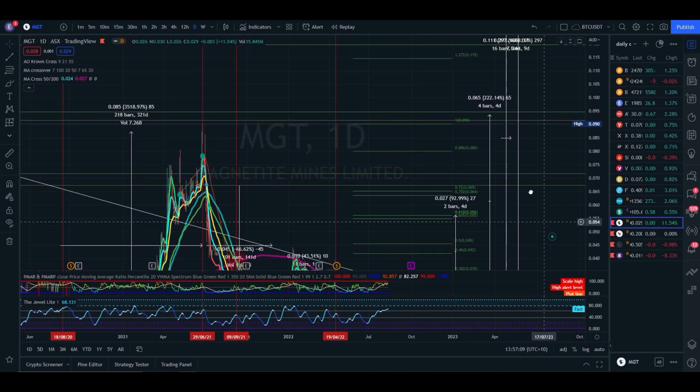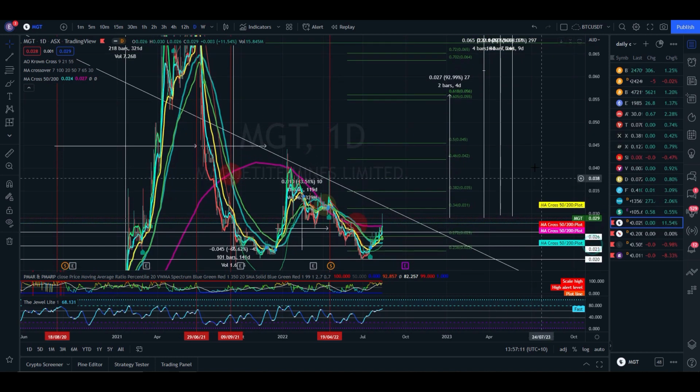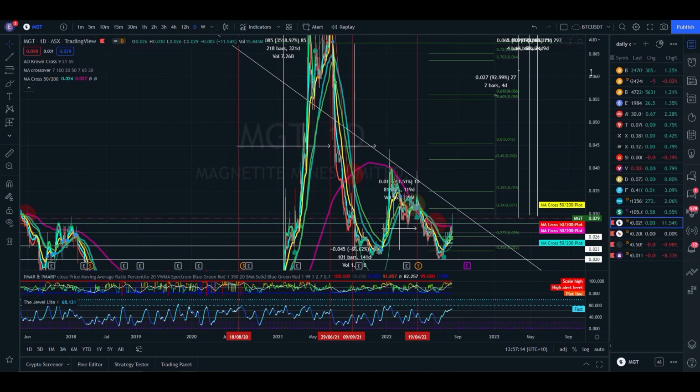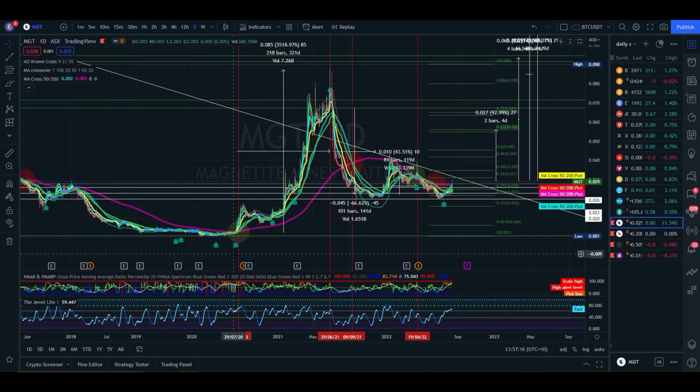And I've marked out the charts that I wanted to quickly show you as well. Actually, I've gone way too big on that. So here we are, last year, 2020, August. Here. Buy signal. Boom.